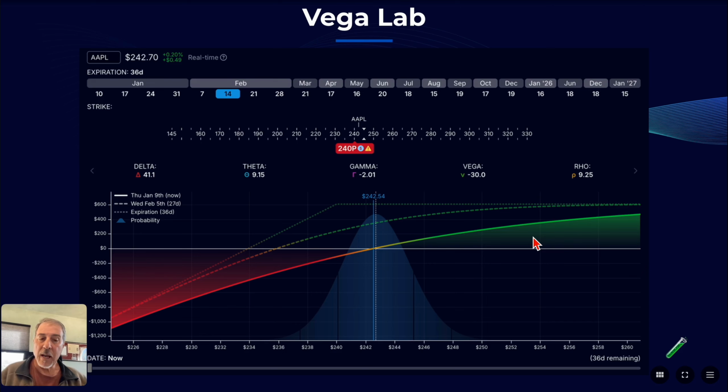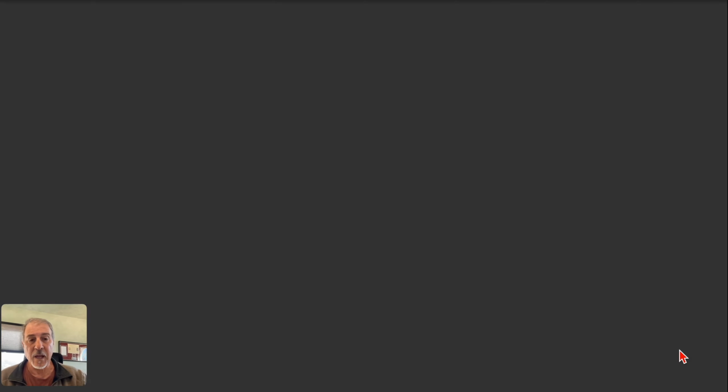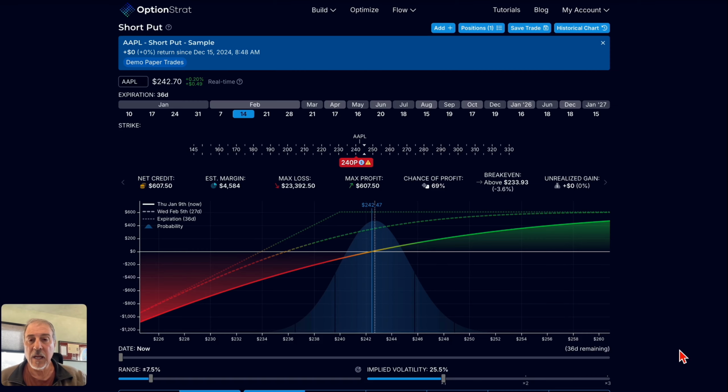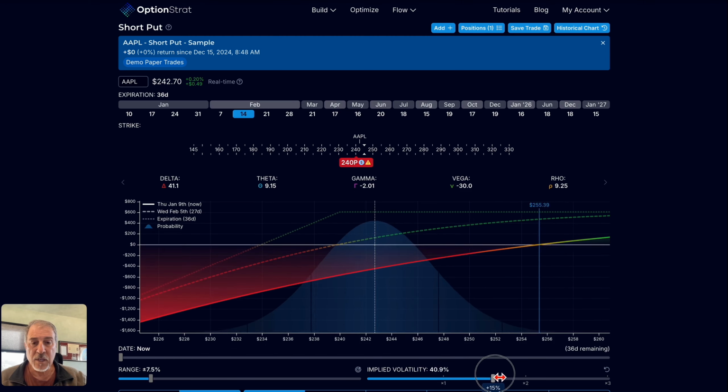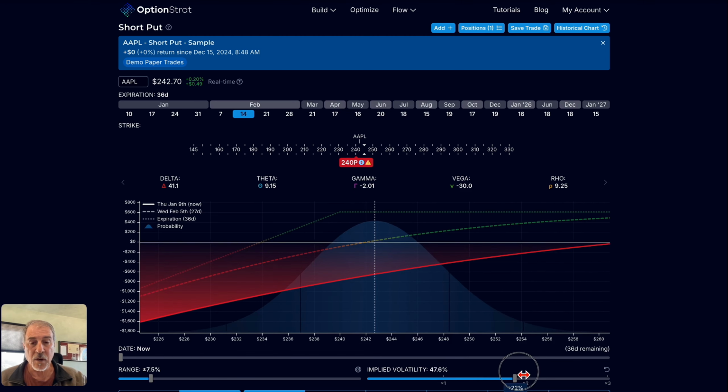Let's go ahead and take a look at, again, OptionStrat, and we're going to look specifically at Vega or volatility in options. If we go to our Greeks page here, I'm just using the exact same Apple short put example, and we can see the Vega here at a negative 30. And we can see as volatility increases how that impacts our position.